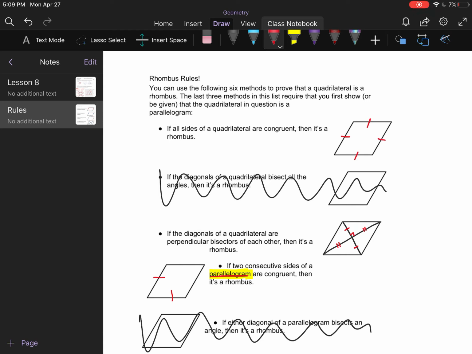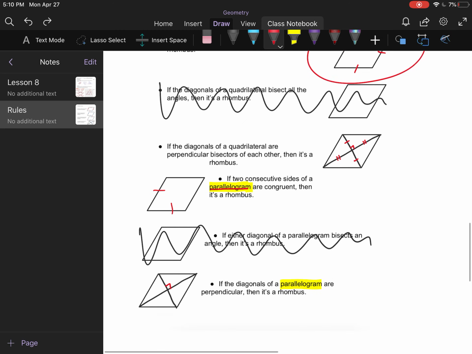One way that we can say that a 4-sided shape is a rhombus is by proving that all four sides are the same length, which means we would use the distance formula 4 times, which is kind of like what we just did. The second way that I've got crossed out here, we're not going to use, because that involves finding the measure of angles, and we don't know how to do that for a graph. So we're not even going to use that one.